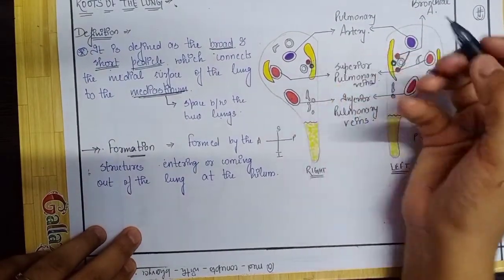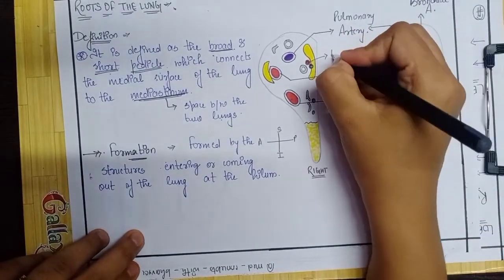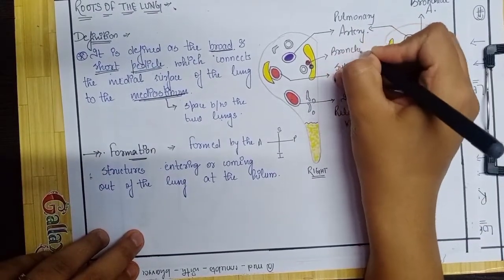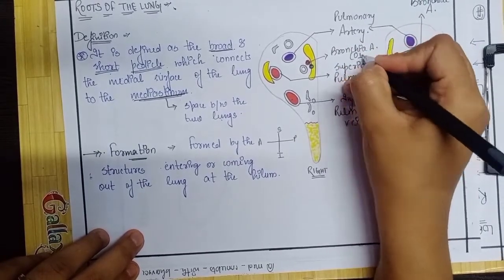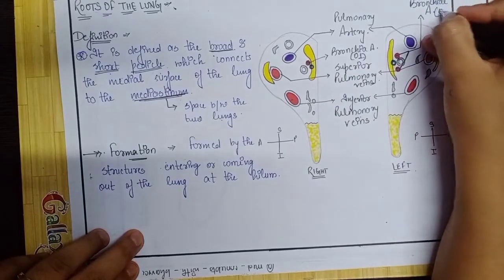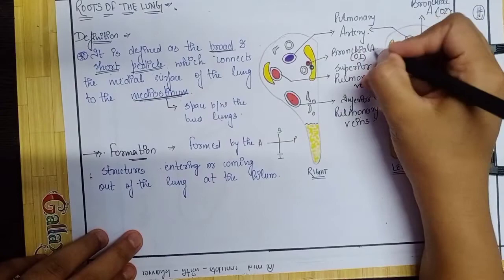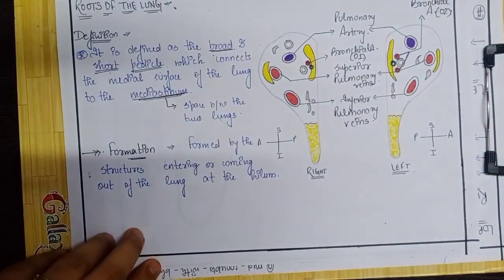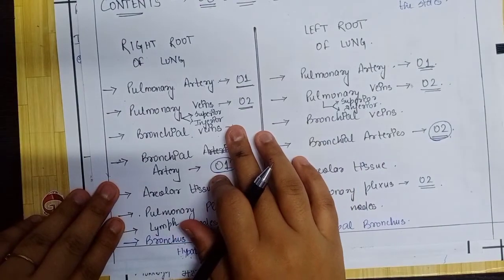And on this side we have only 1 bronchial artery. Let me write in the bracket as 1, and here we will write 2. So 2 bronchial arteries, 1 bronchial artery. This is one labeling.